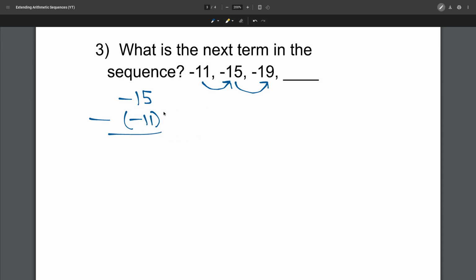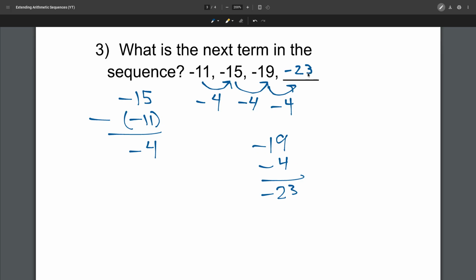Now when you're subtracting and you have the same sign, so they're both negative, just do 15 minus 11, which is 4, and keep the sign. So we're going down 4 each time because we're getting more negative. And from negative 15 to negative 19, you go down 4 again. So we've got to go down 4 from here. Negative 19, if we take away another 4, we're at negative 23.